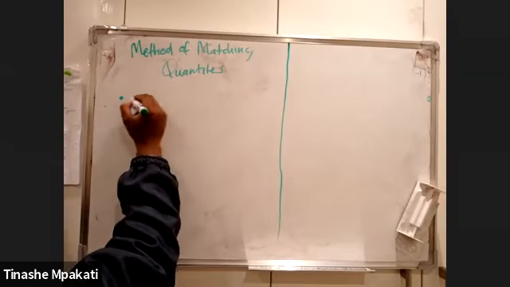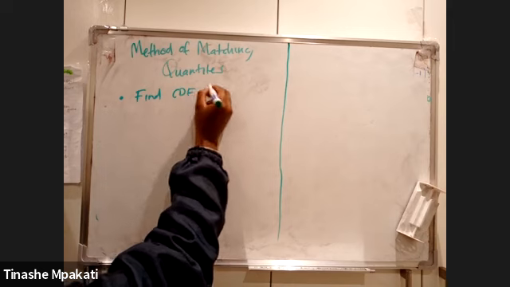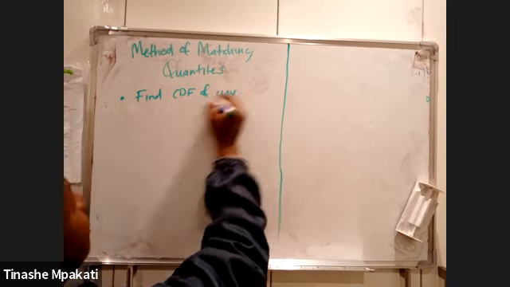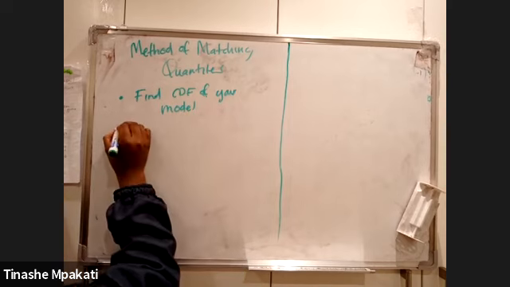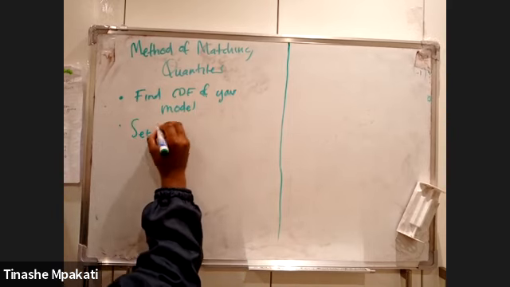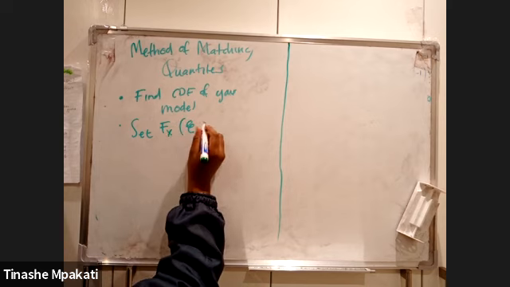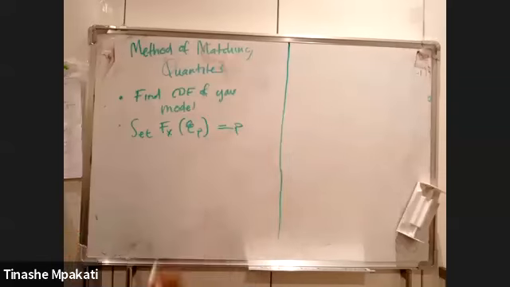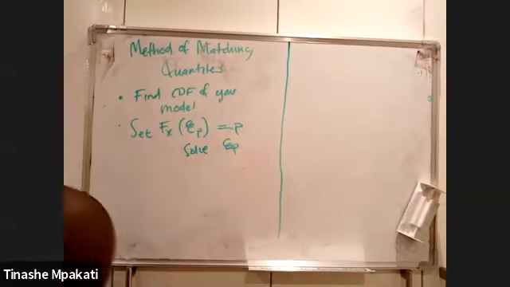1, what you have to do, find the CDF of your model. Once you've done that, set your CDF of x evaluated at this population quantile, and you let that be equal to p. Then you simply solve for your population quantile, right?